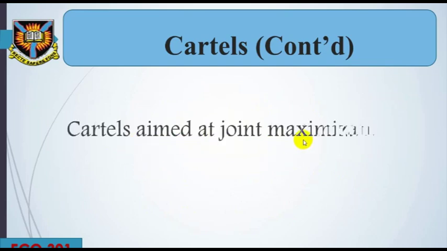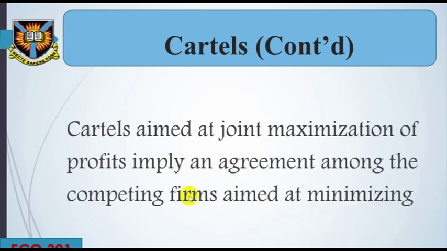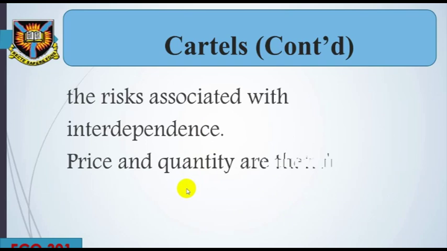Cartels aimed at joint maximization of profit imply an agreement among the competing firms aimed at minimizing the risk associated with interdependence. The firms now operate like the multi-plant monopolist.